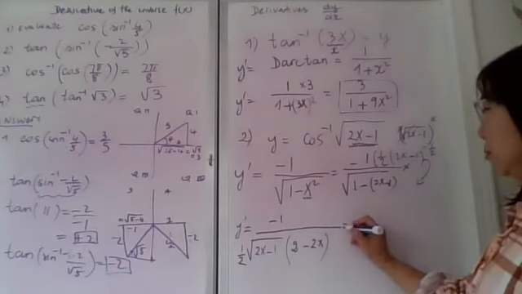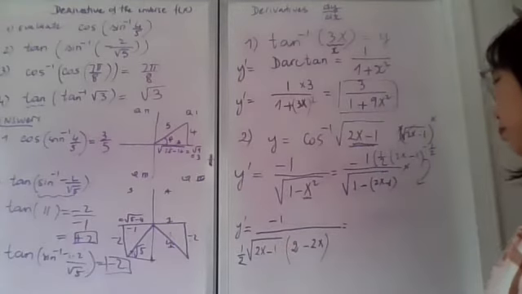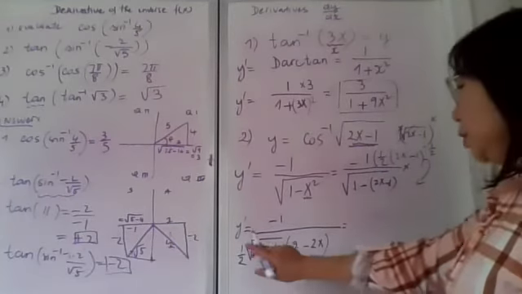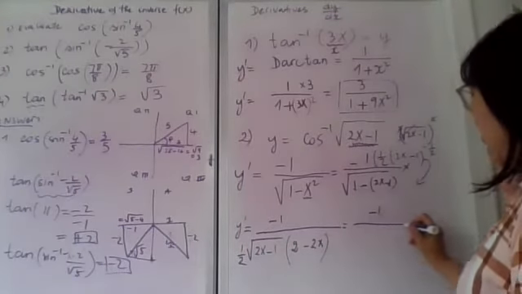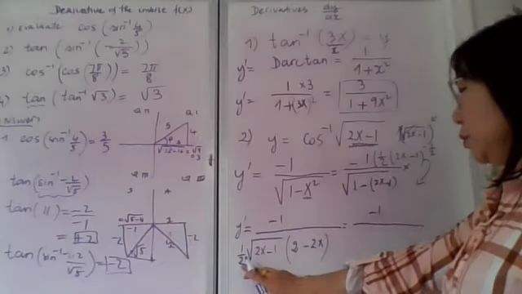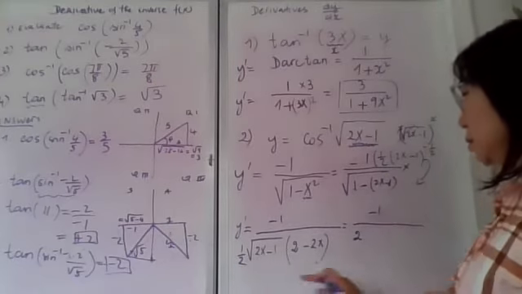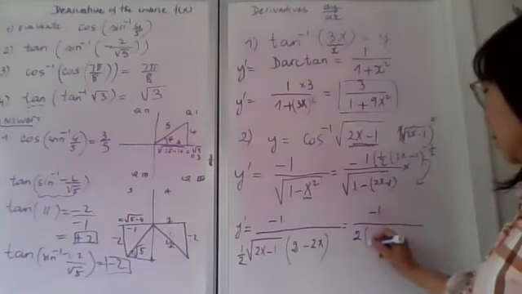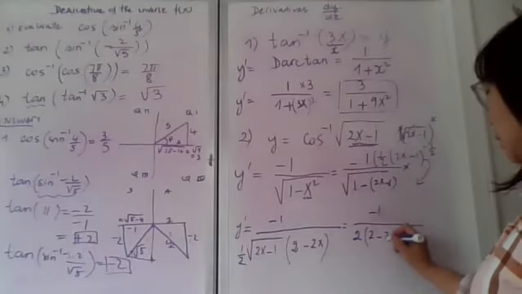Okay, now to make it look even nicer, I'm going to just put the 1/2 here on top. So here I have minus 1. Down here, I can put the division down here too, for this 2. And inside, times 2 minus 2x.